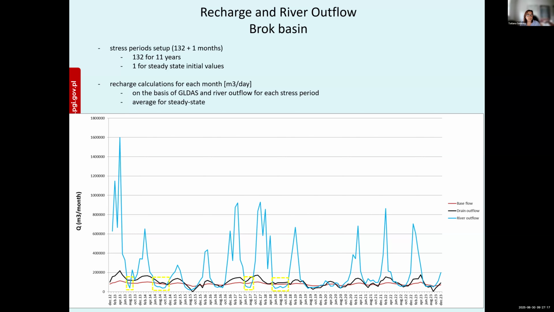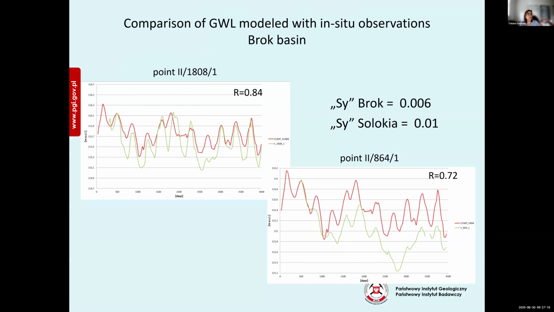the river. The calculated correlation coefficient between the in-situ data from point 1808, located in the center of the Brock catchment, and the model results is 0.84.